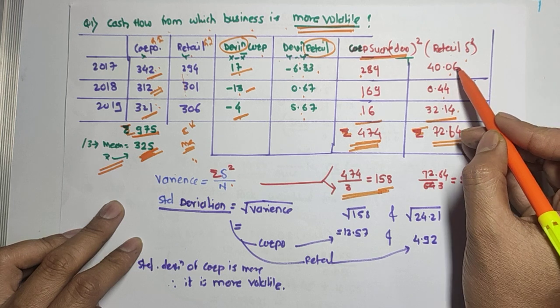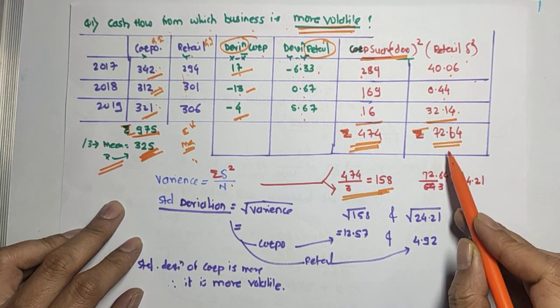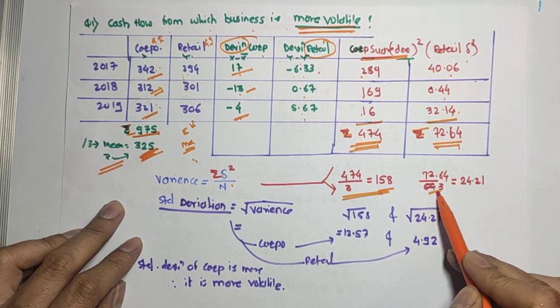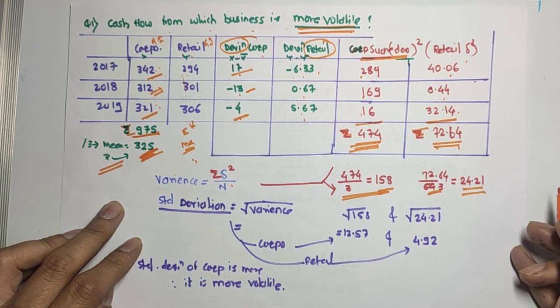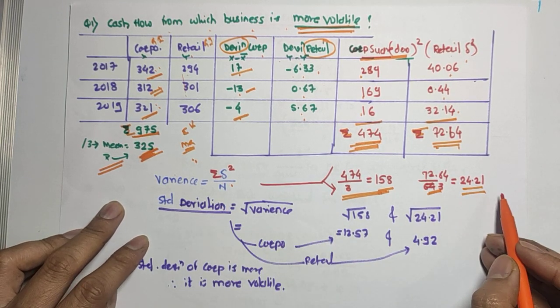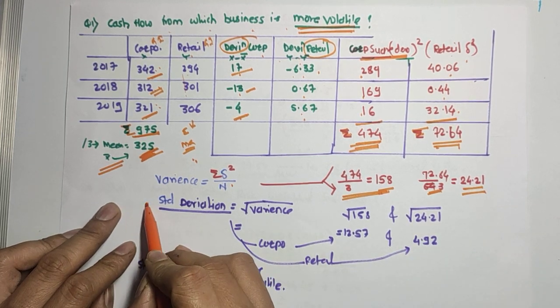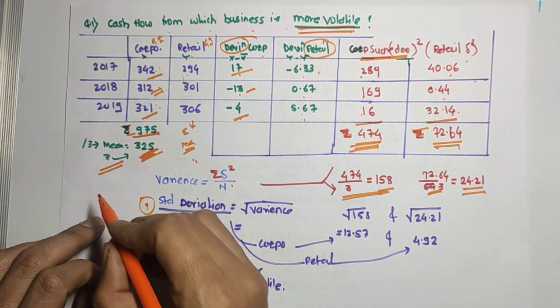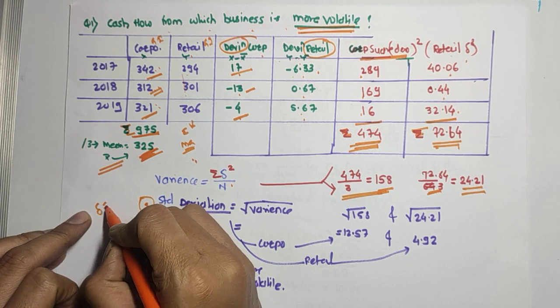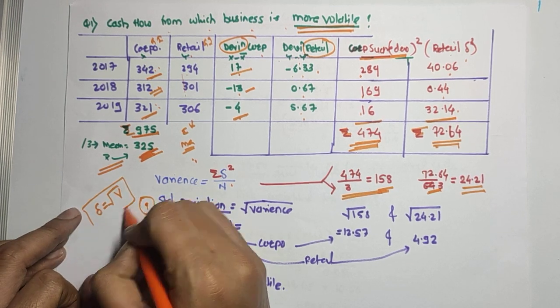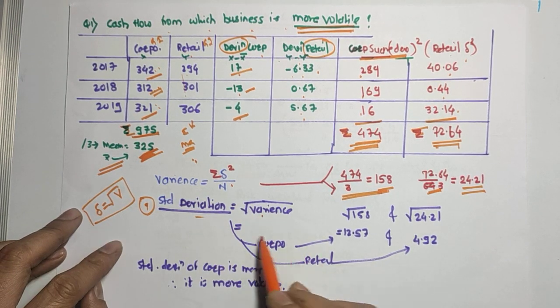And for the variance for retail, 72.64 divided by 3, you will get 24.21. That means you got the variance, right. So the next step is to find the standard deviation. What is standard deviation? I have already told you, it is nothing but the square root of variance. So you have to remember. Just take the square root.